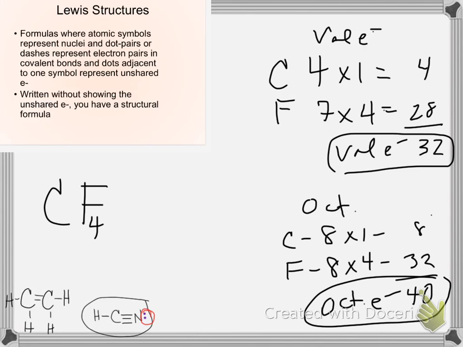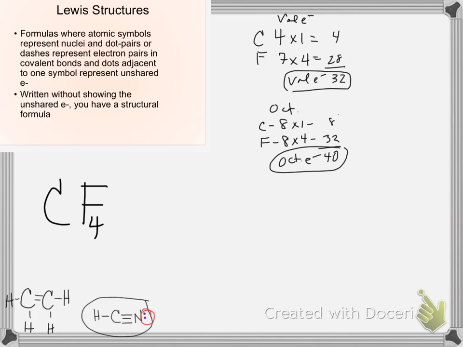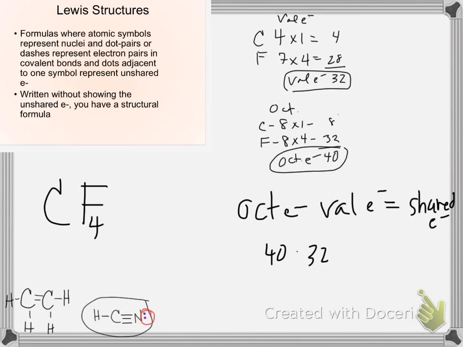So now the question is, how many bonds is this going to form? Well, what is a bond? It's 2 shared electrons, right? So the number needed minus the number you actually come in with equals the number of electrons you're going to share. So 40 minus 32, these need to share 8 electrons.